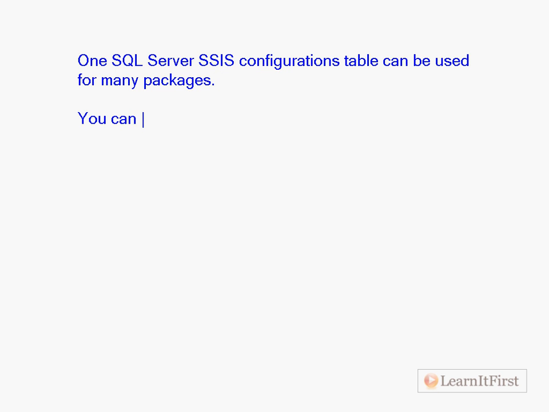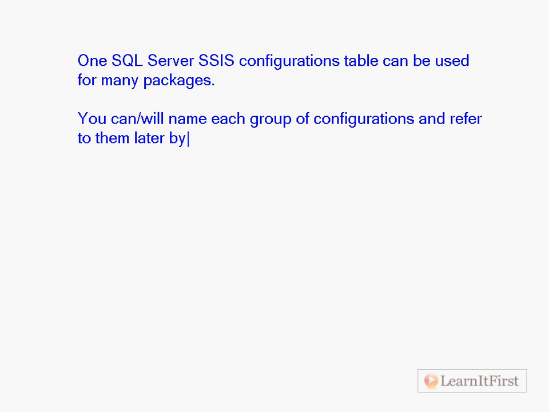You can/will name each group of configurations and refer to them later by that name. Okay? This is called a filter. Okay? So I should have just kept that there. This is called a configuration filter.